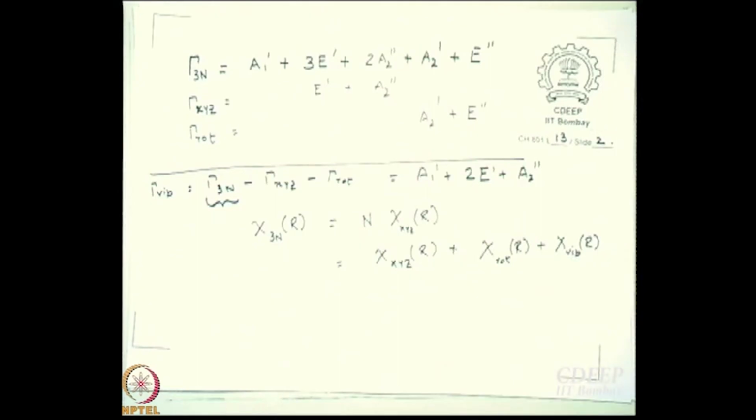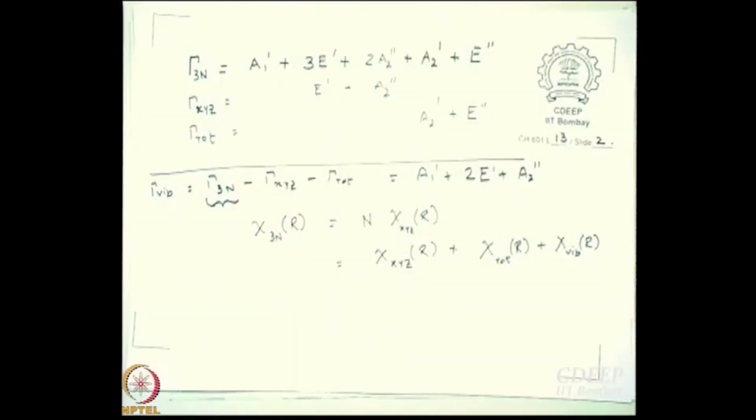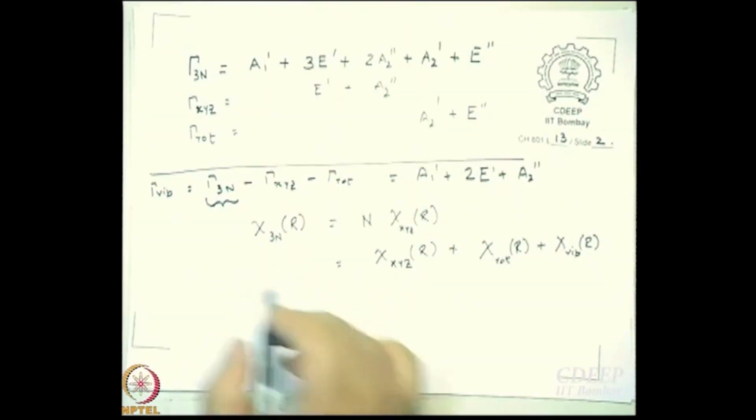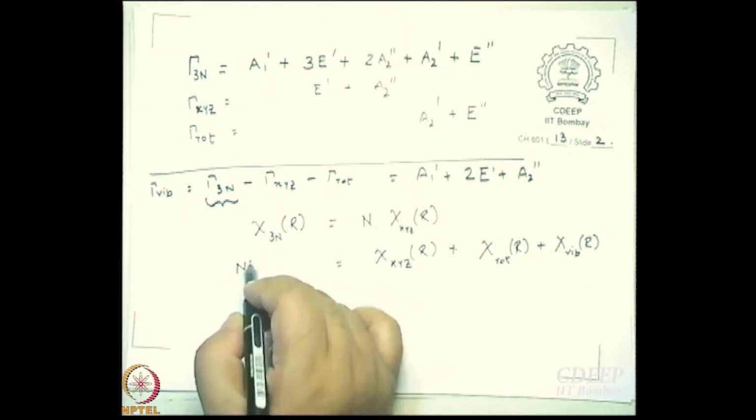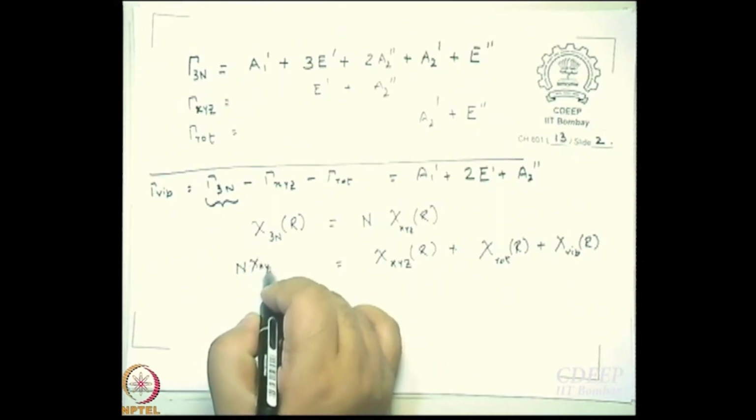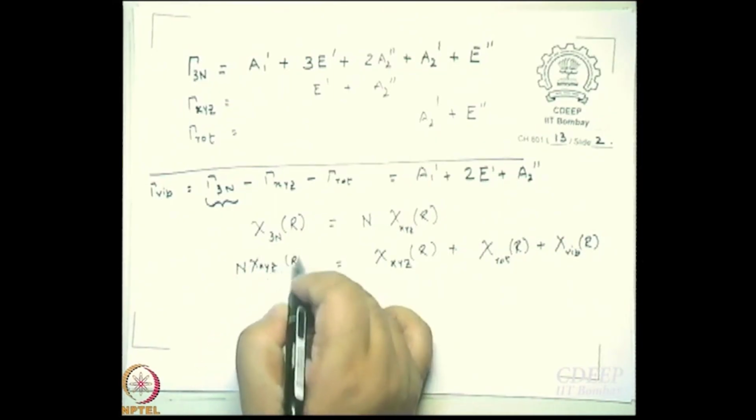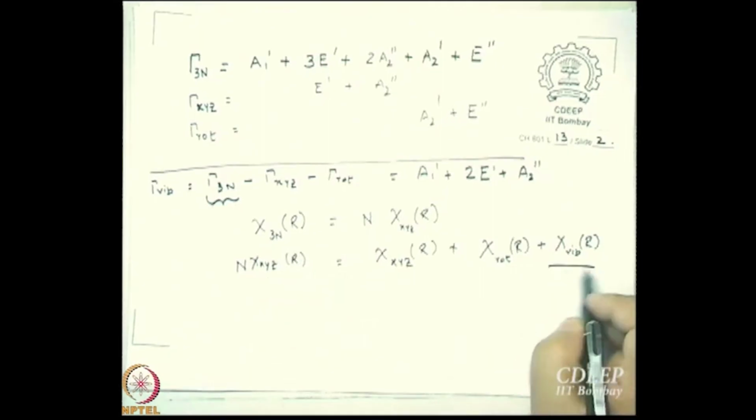Sure. So now is it easy to simplify a little bit or not? So I will write this here, n chi xyz r is this. What do I want? I want to know what is this.